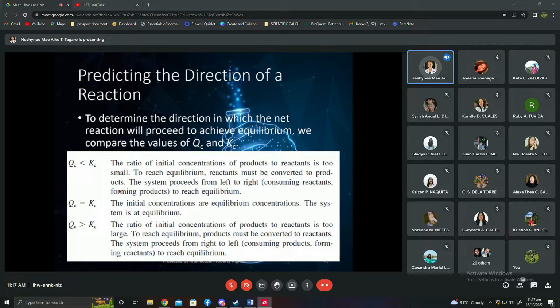Kung hindi siya at equilibrium, we need to reach equilibrium. Okay? So, paano ma-reach ang equilibrium if nubo ang concentration ng product compared sa reactants?